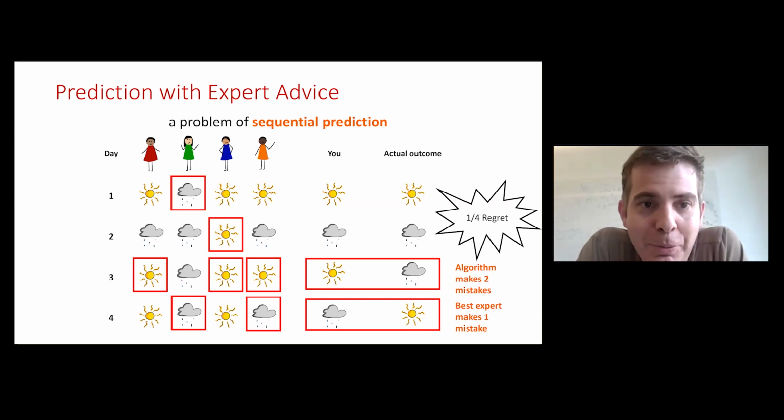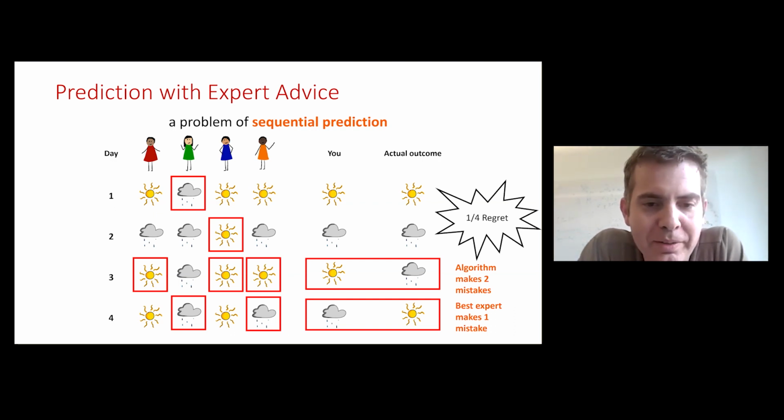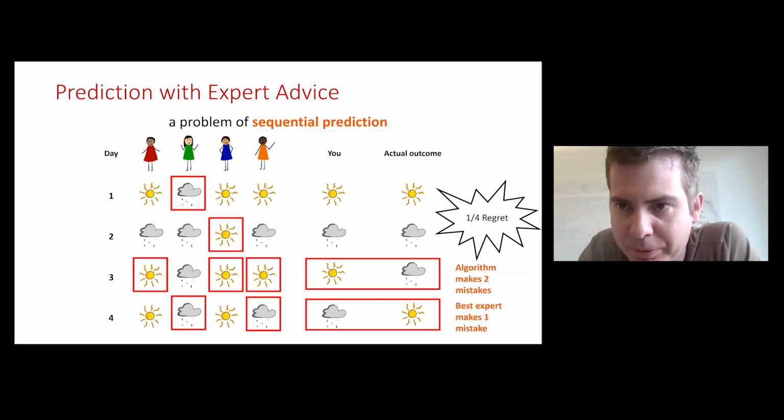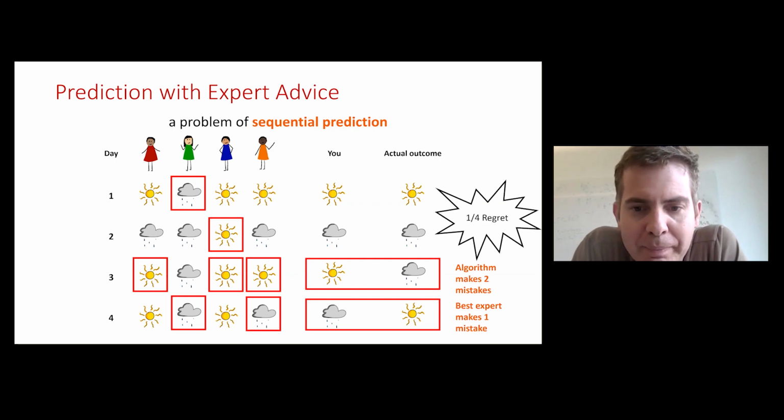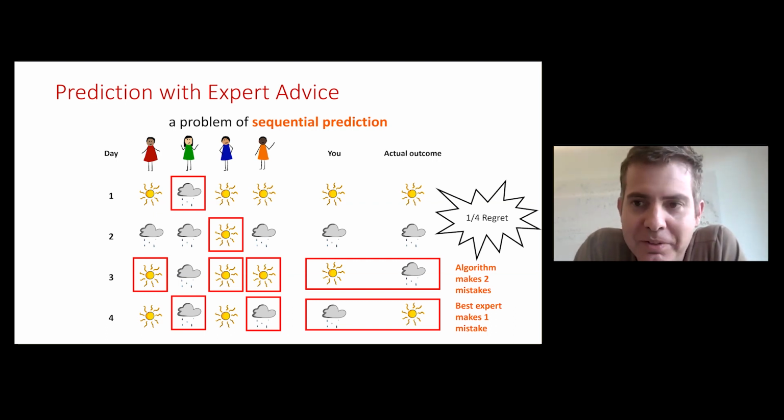And maybe you went with the majority. You said that it was going to be sunny, and you were correct. And so you can see that the first expert is wrong 1 out of 4 days, and the remaining 3 experts are wrong 2 out of 4 days. And if you look at your guess, we didn't say how you form it, but if you look at the guess, you're wrong 2 out of 4 days.